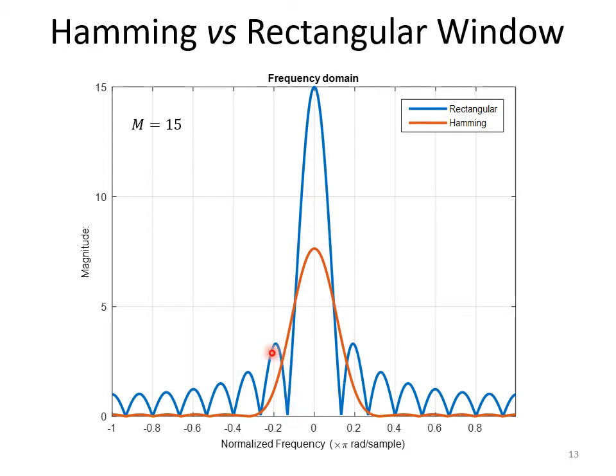However, there are no side lobes in the Hamming window as compared to the side lobes of the rectangular window function, right. So this is again evident that the transition band would be wider in the Hamming window, but there would be smaller ripples, and in the rectangular window function the transition band would be slightly sharper, but it would have larger ripples in the pass band and stop band.